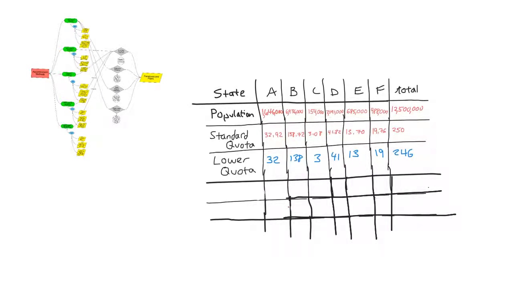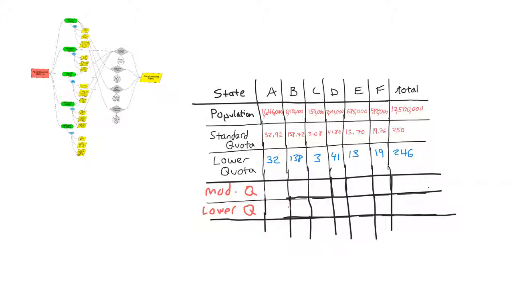That would be the row that has something called the modified quota. I'll call it mod Q. And lower quota, in this case I'll call it lower Q. It's the modified quota as opposed to the standard quota, and it's going to be the lower quota as it pertains to the modified quota. This will become clear in a moment.